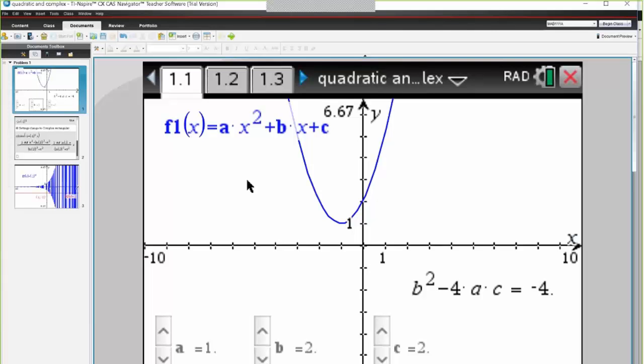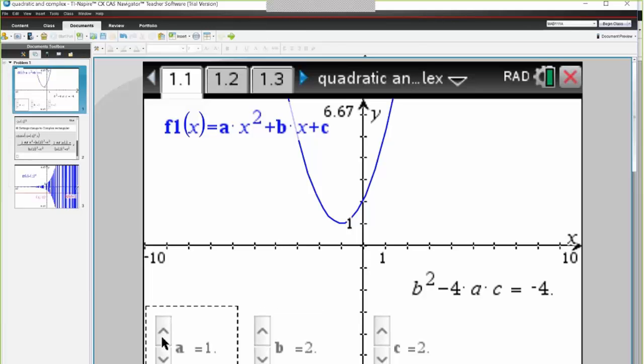So this document here was one that Ray has done up, and I focused just on this first part with my students because we'd actually just finished the unit on quadratics. It is to look at what the A, the B, and the C do with respect to how it affects the actual graph.